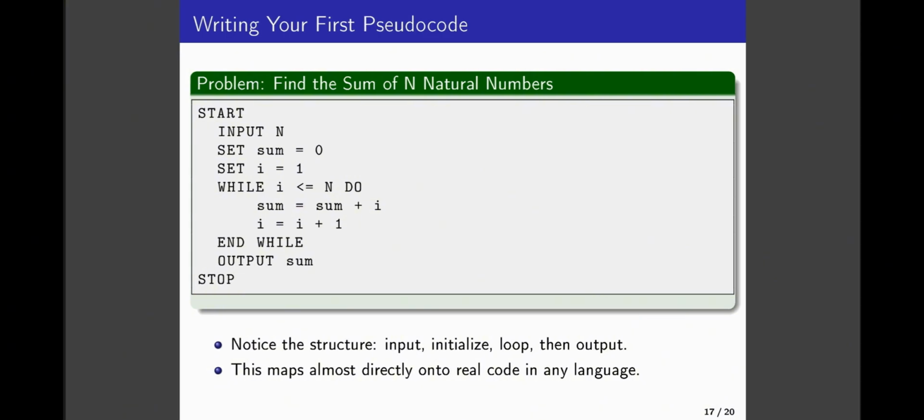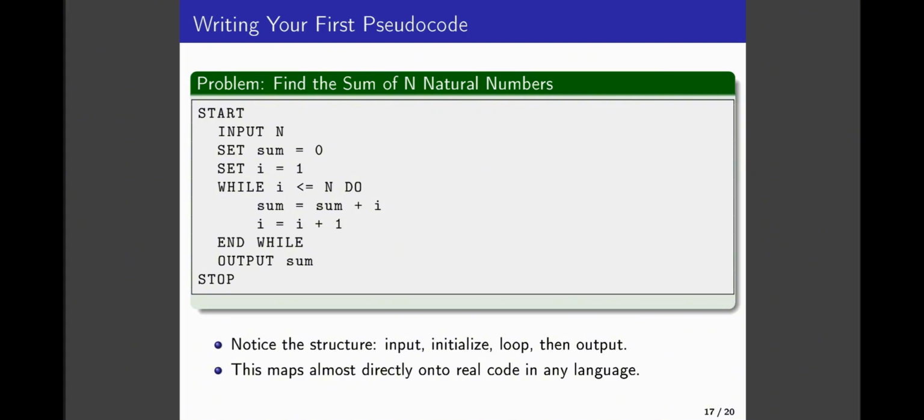So how do we write our first pseudocode? The example that I have given to practice is finding the sum of the first 10 natural numbers. We start, we input n, we set our sum to 0 and set a counter i to 1. Then while i is less than or equal to n, we add i to our sum and increase i by 1.